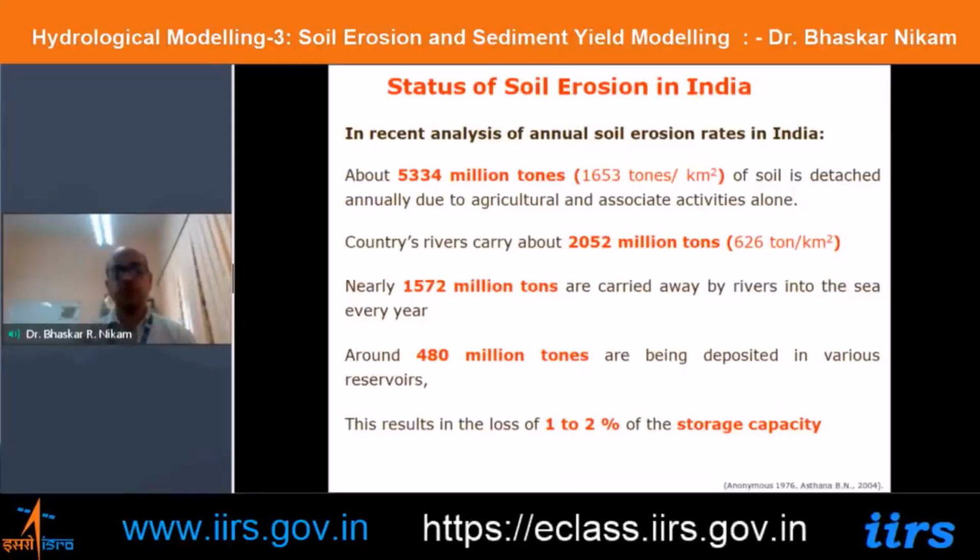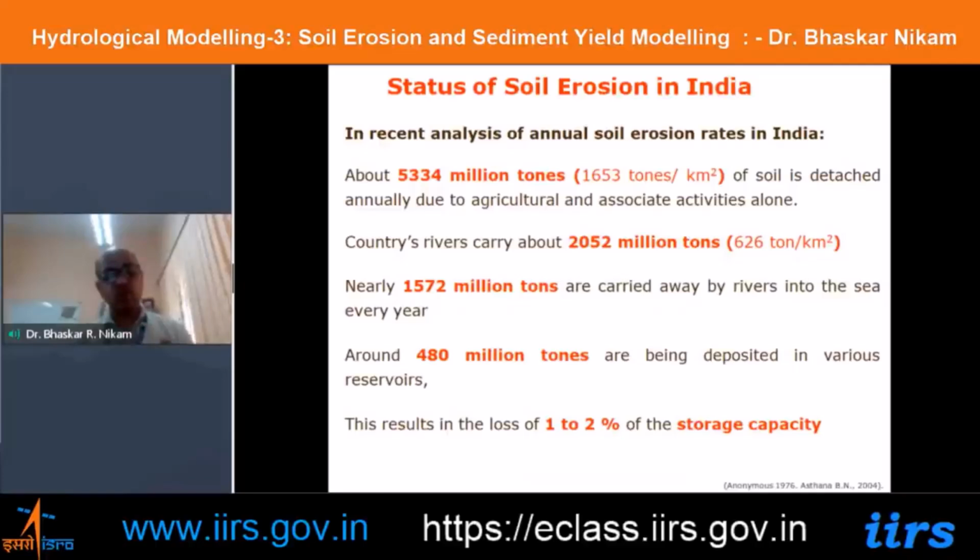Our rivers carry something around 252 million tons of silt every year. Out of that, around 480 million tons of eroded material is getting deposited in the reservoirs, which is causing a loss of capacity of our reservoirs by 1 to 2%.